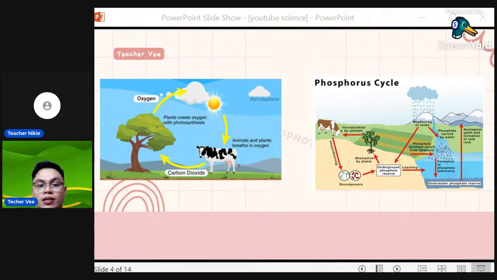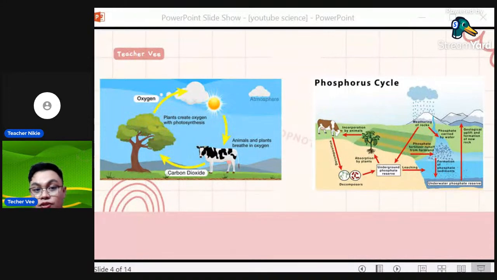Okay, so, sa phosphorus cycle naman po, this is still a biogeochemical process that involves the movement of phosphorus through the lithosphere, hydrosphere, tsaka biosphere. Okay, tandaan nyo. And then, why is the phosphorus cycle important?